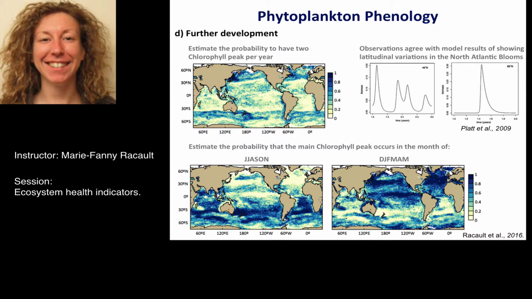Some years they would have 1 peak, and some years they have 2 peaks. While going towards higher latitude, so maybe more around here, they had systematically just 1 peak. So it was quite interesting to compare the two, and actually to validate some of this model output with satellite observations.